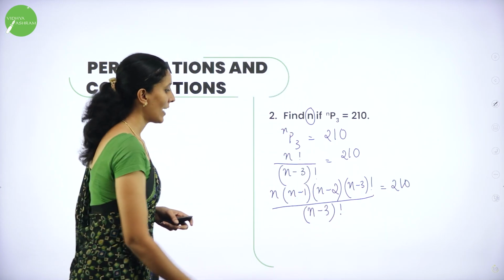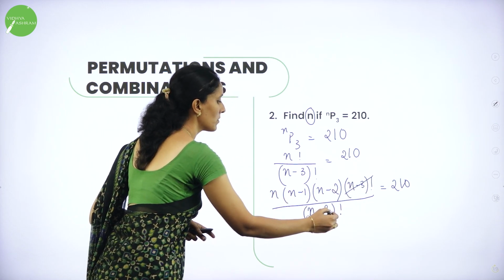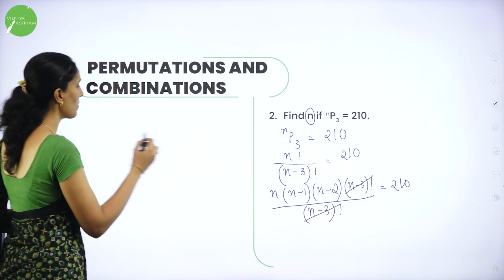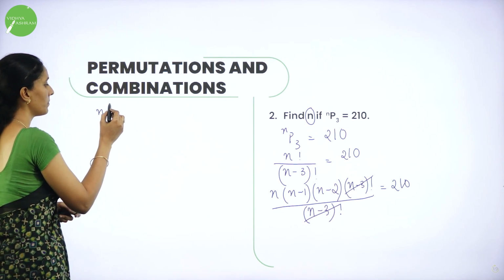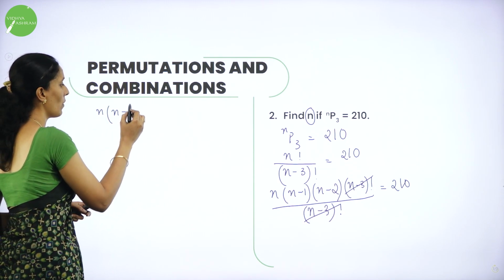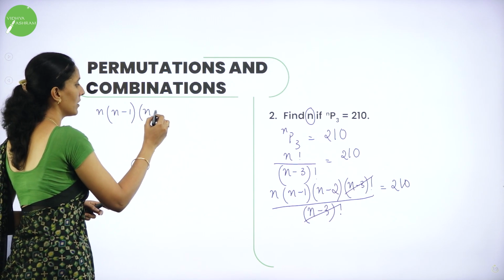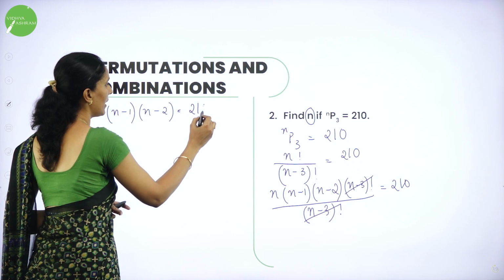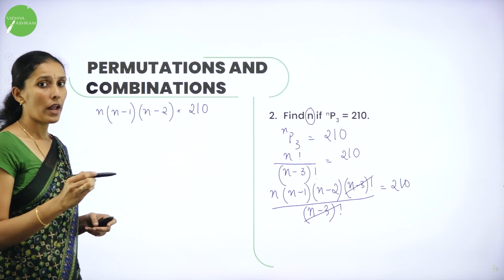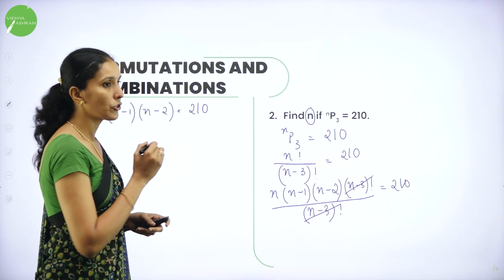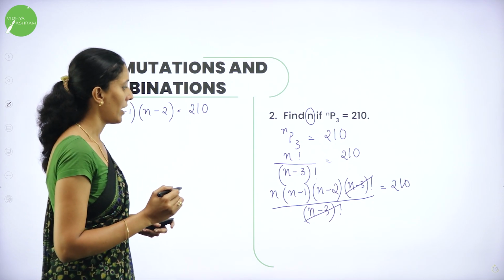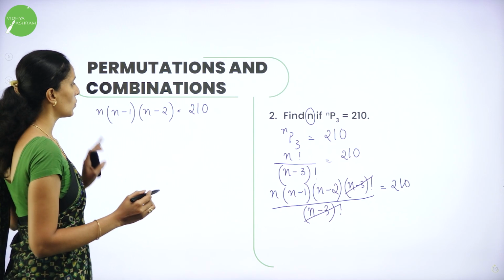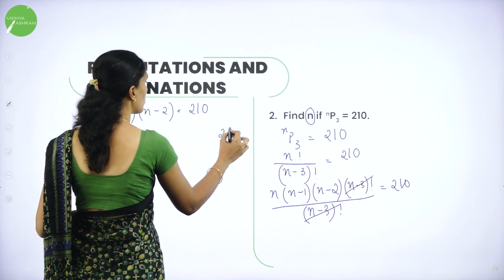We can clearly cancel the (N minus 3) factorial terms. So what is remaining now? That is N, N minus 1, N minus 2, equal to 210. Now by inspection, I should find the value of N, by the inspection method or by just calculating 210. You can use this method also.